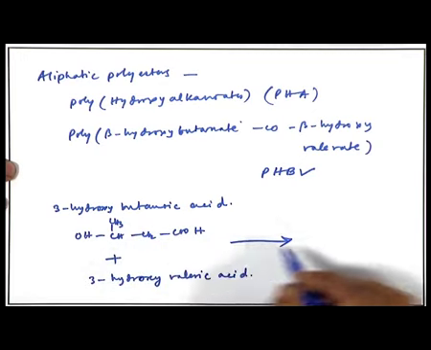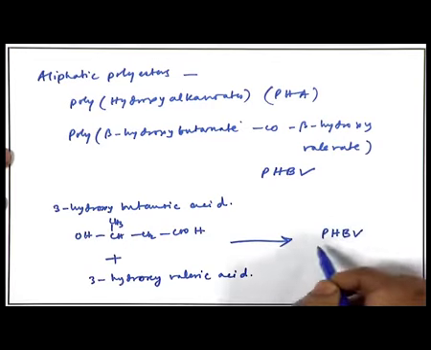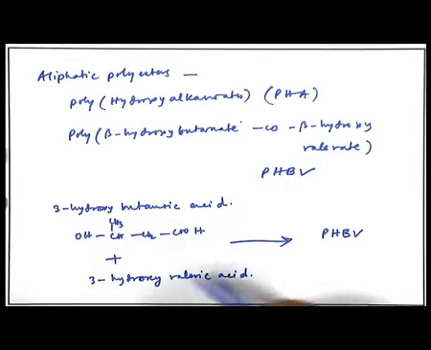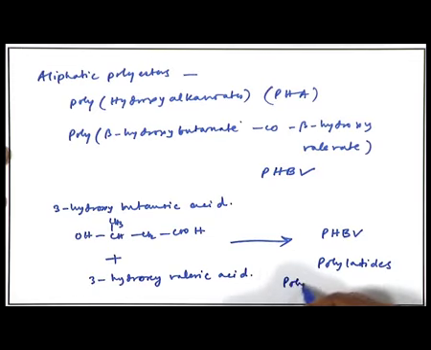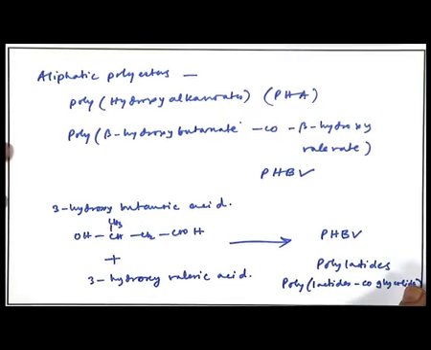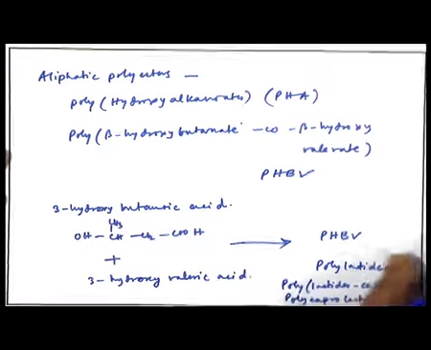This gives you a copolyester, which in short we write as PHBV. You can write the structure yourself. The other polyesters are polylactides, which are formed from polylactic acids, polylactide-co-glycolides, which are formed from a copolymer of lactic acid and glycolic acid, and polycaprolactones. These are examples of biodegradable polymers.